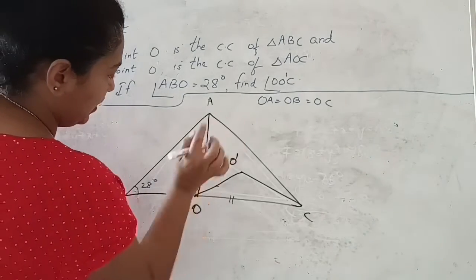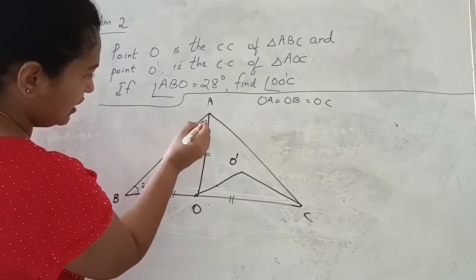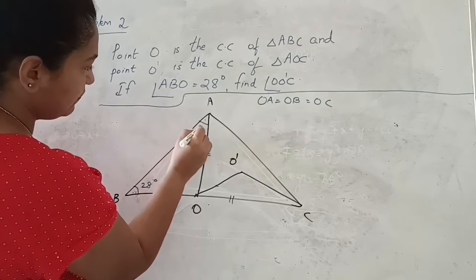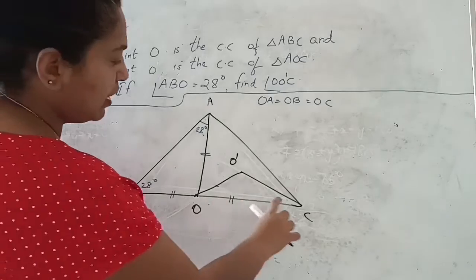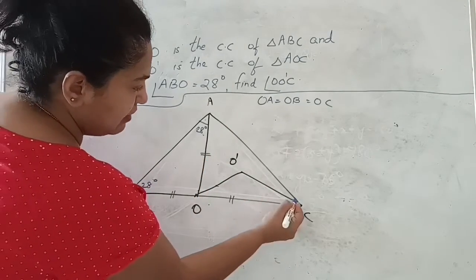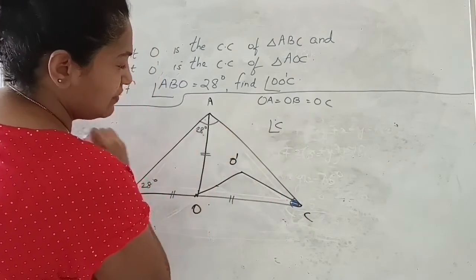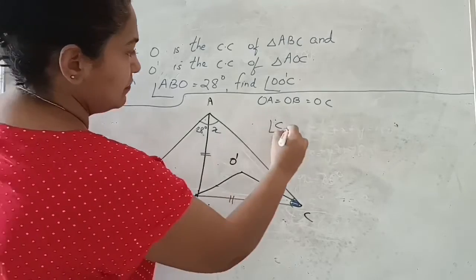Since OB is equal to OA, the base angles are equal, so if this is 28, this is also 28. Now OC is equal to OA, so the base angles are equal, and angle C is equal to this angle. Let me mark it as x.